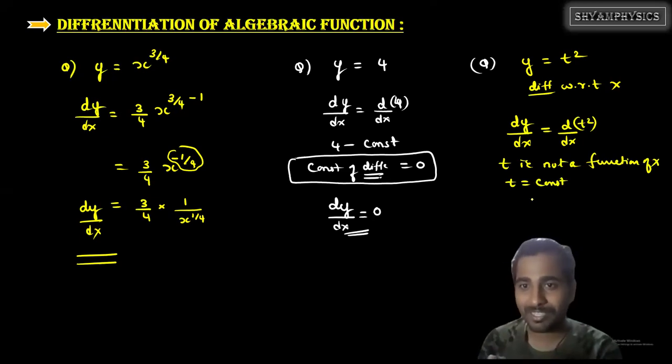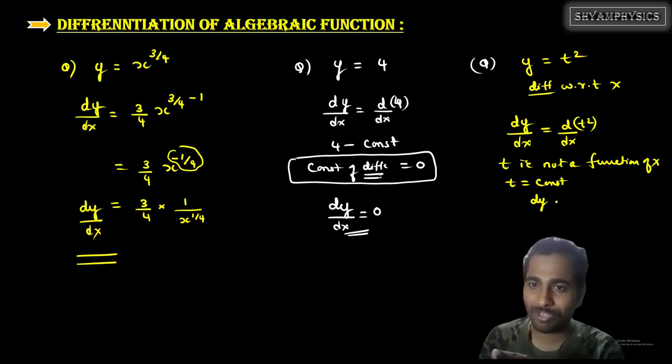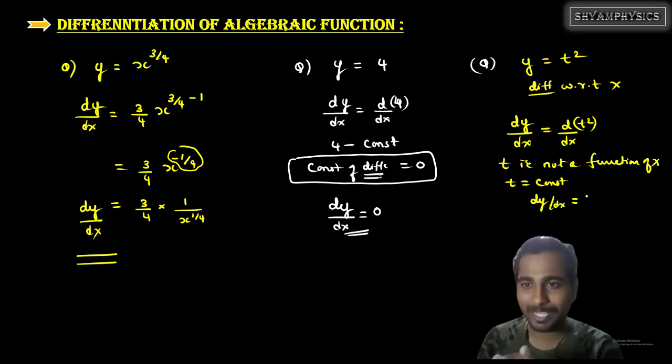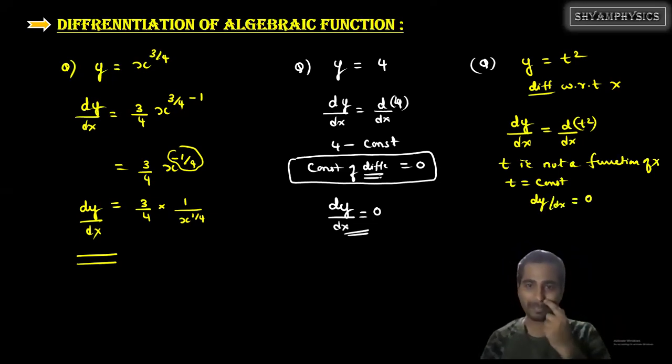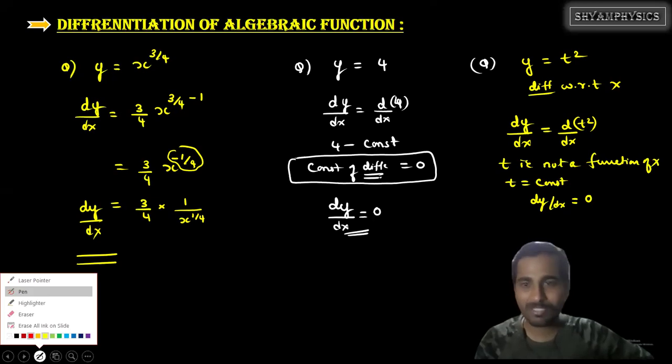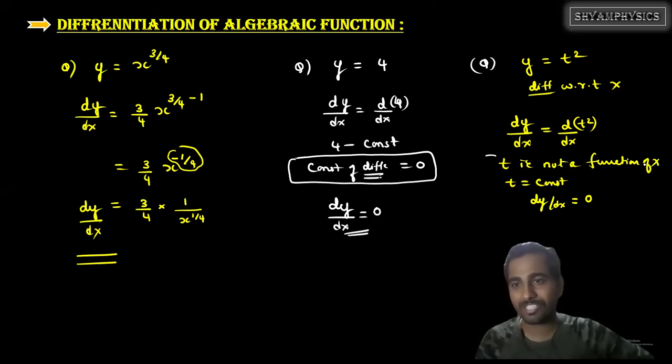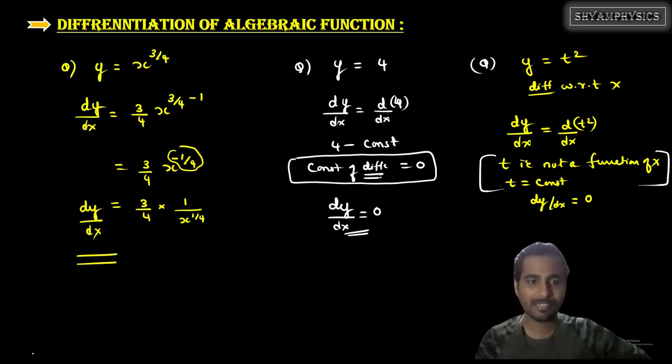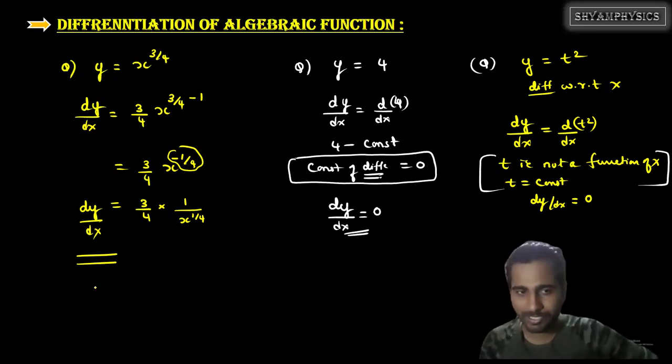If it is constant, then the answer for dy by dx should be equal to 0. Is my point done? Did you understand what we wrote here? Because t is not a function of x. Clear? Okay, that's great. We'll go with one more here itself.